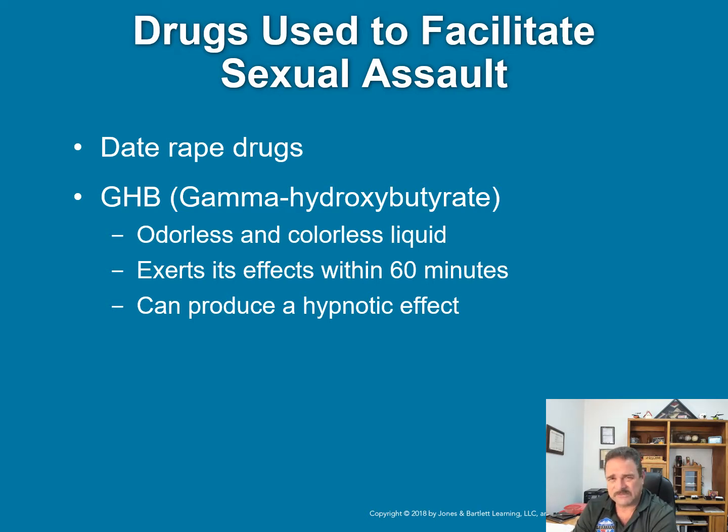It is odorless and colorless, and it's primarily a liquid that may go undetected when placed in a drink. It exerts its effects within about 60 minutes. Ingestion may produce disinhibition, severe passivity, and also anterograde amnesia. With alcohol, there's an increased risk of respiratory depression, coma, death, and even a withdrawal presentation. And it's very similar to alcohol or benzodiazepine use.